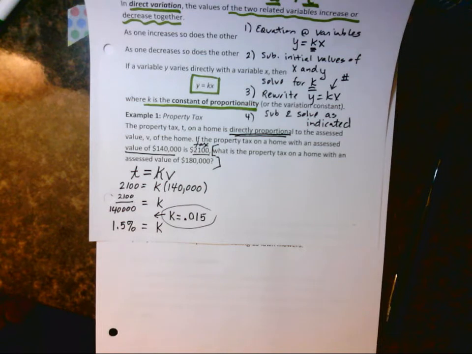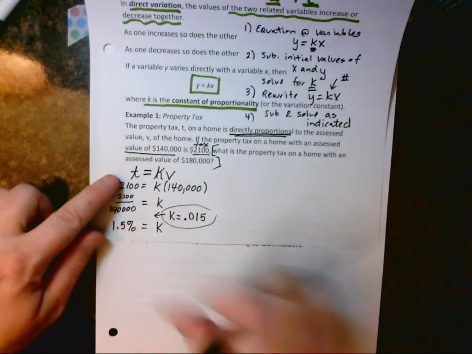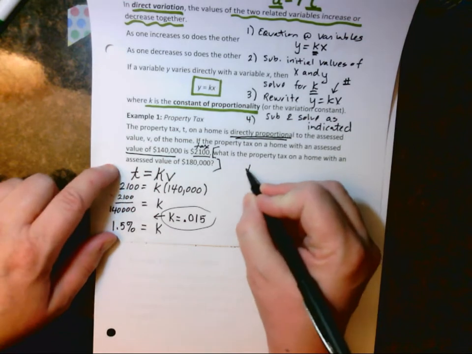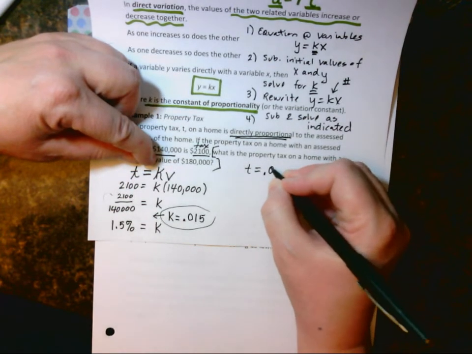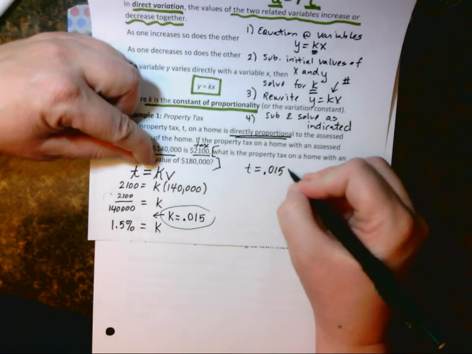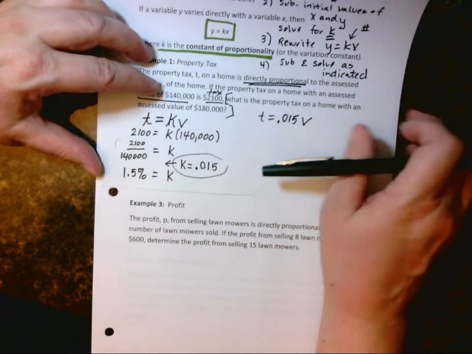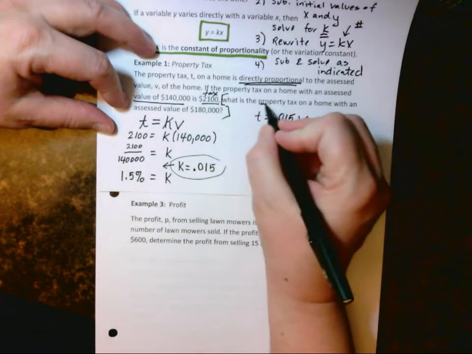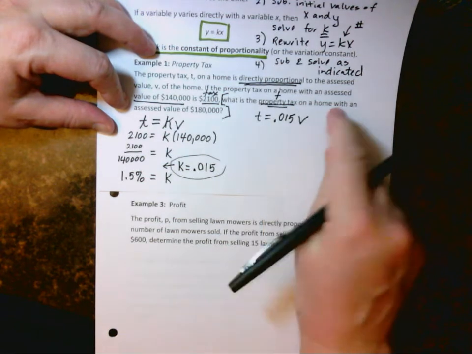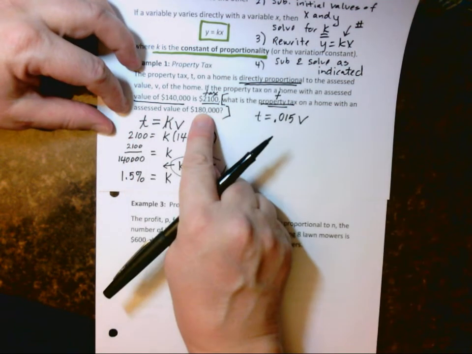The third step is to rewrite the initial equation and put the value of K in. So I take my initial equation: T is equal to K, but the actual value of K is 0.015 times V. All right, and so now we solve for whatever they tell us. What is the property tax? So we're going to be looking for tax, T, on a home with the assessed value of 180,000.